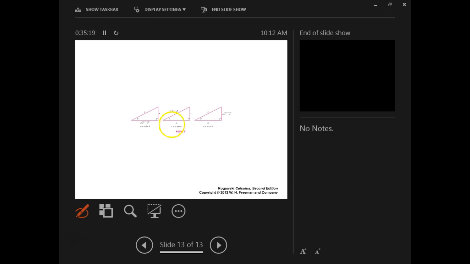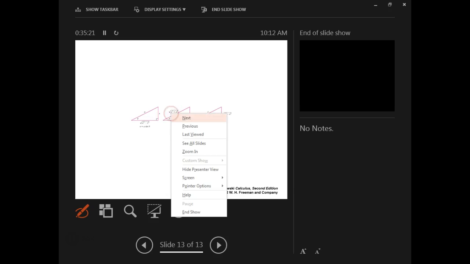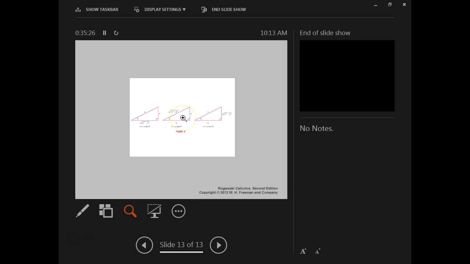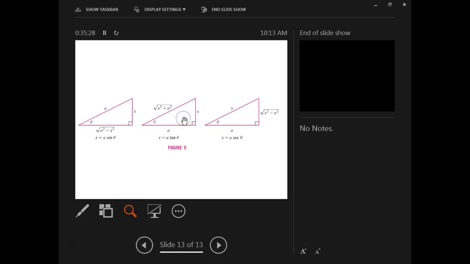Here are the triangles we use in our review. If you're using this one, if you use x equal a sine theta, this is theta, the sine of theta will be x over a, x becomes our hypotenuse.